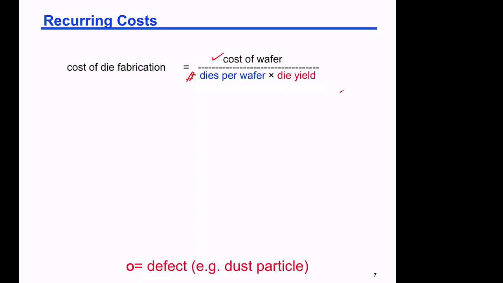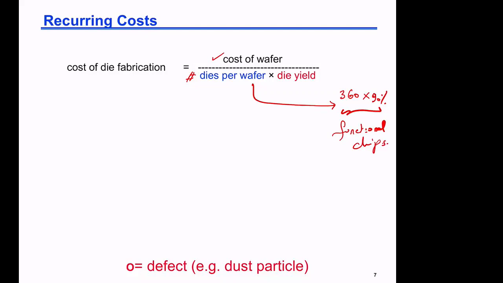Let us say on the wafer I have 360 dies, and the yield is 90%, then we get the total number of functional chips. Therefore, the cost of fabrication is equal to how much the wafer cost me divided by the number of dies per wafer times the die yield.